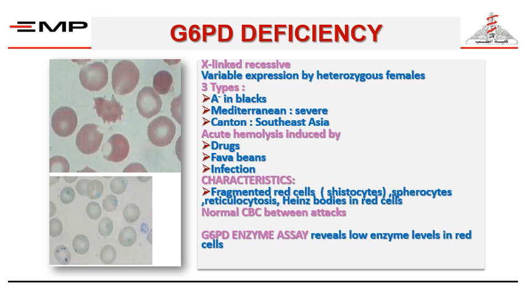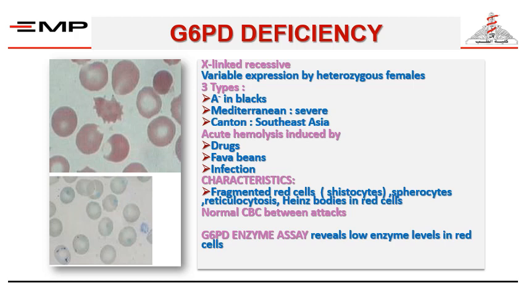There are 3 types of G6PD deficiency. There is the A- phenotype in the blacks, there is the Mediterranean phenotype, which is the severe phenotype, and there is the Canton phenotype in Southeast Asia, which is one form of chronic hemolytic anemia.